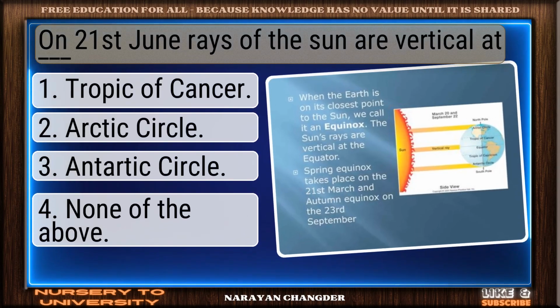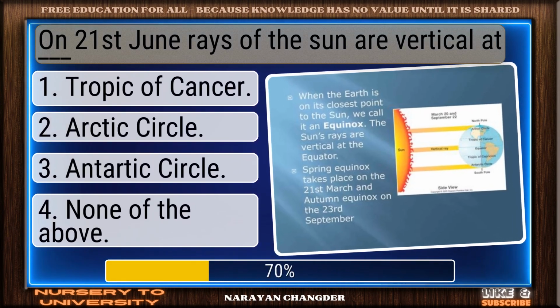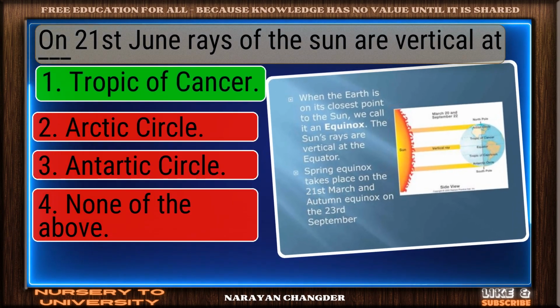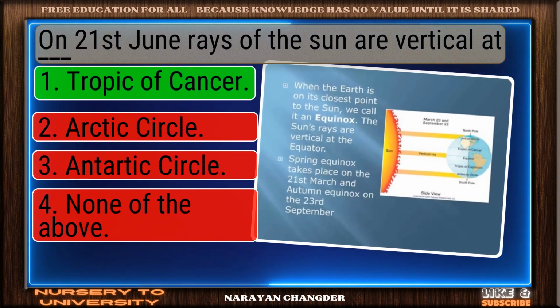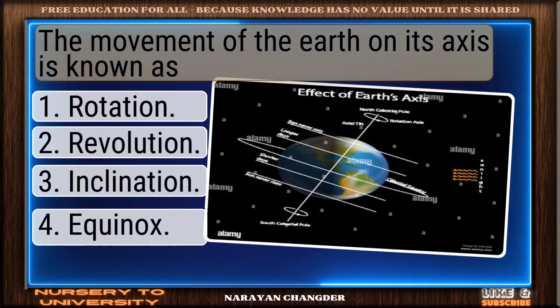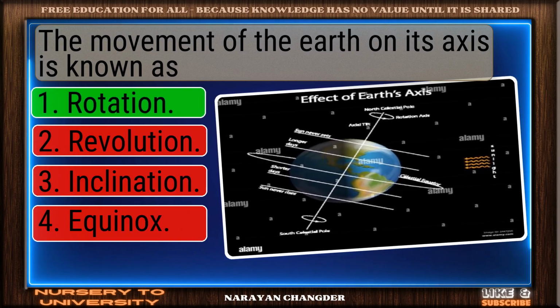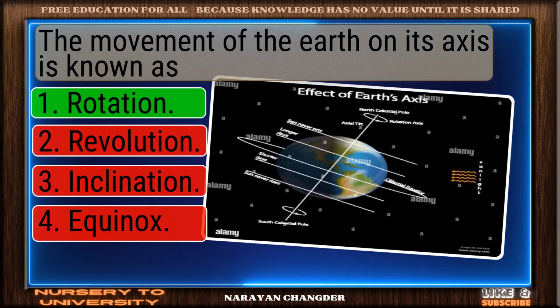On the 21st June, rays of the sun are vertical at dash. Well picked. Tropic of Cancer is the correct answer. The movement of the Earth on its axis is known as. Excellent. Rotation is a brilliant choice.